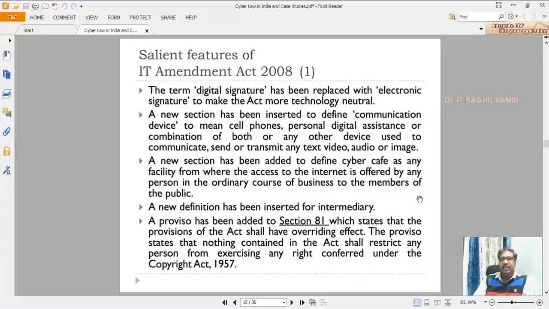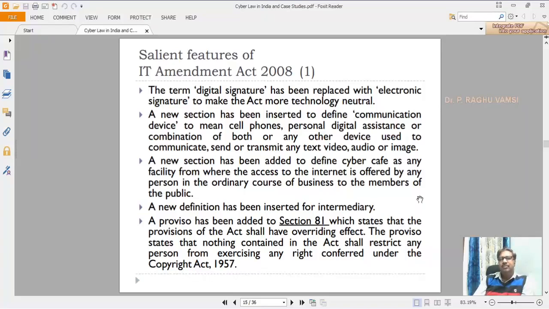A new section has been inserted to define communication device. By the time the IT Act 2000 was framed, in India there were no smartphones and no touch technology phones. At the time they had very normal phones, which were 2G or first generation phones.